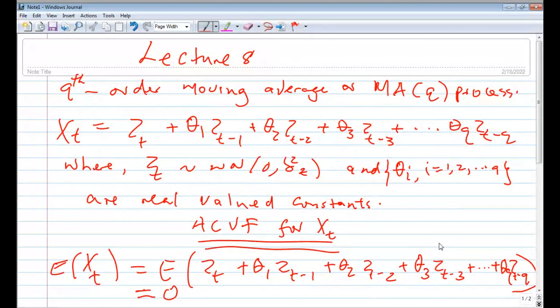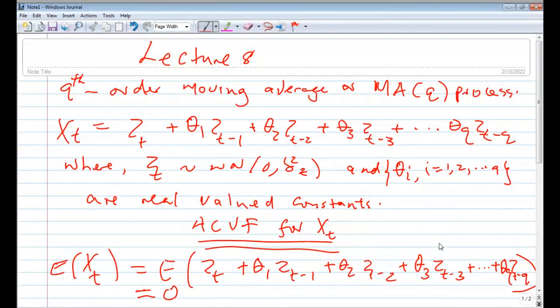I was saying that today we're going to talk about the moving average of order Q. As you know, all moving average processes are stationary, so even the moving average of order Q is stationary.